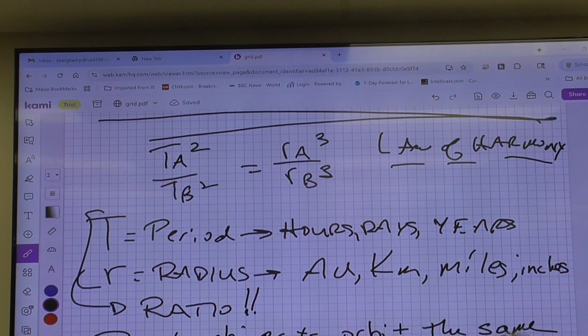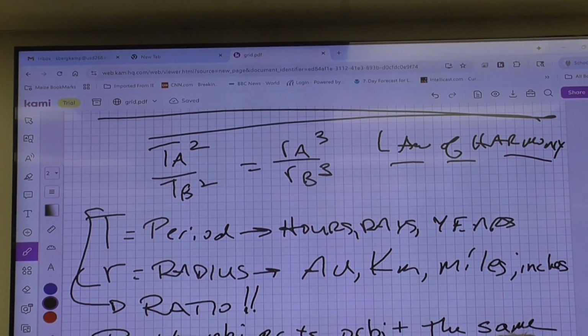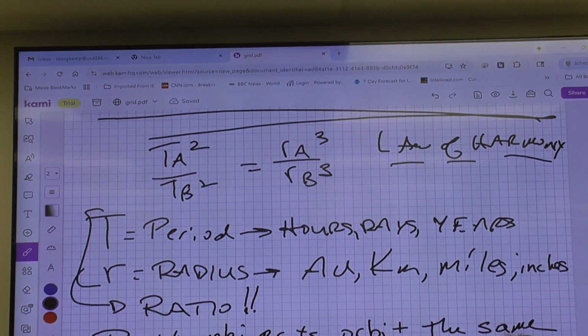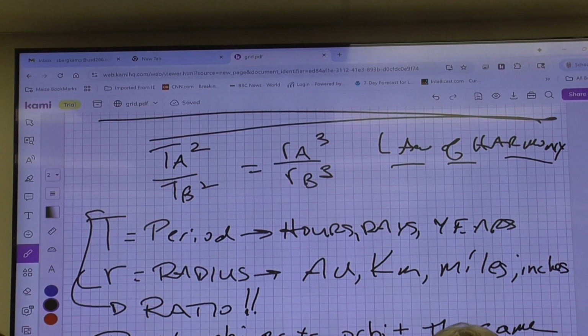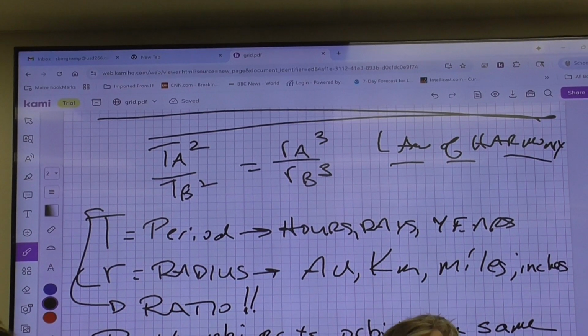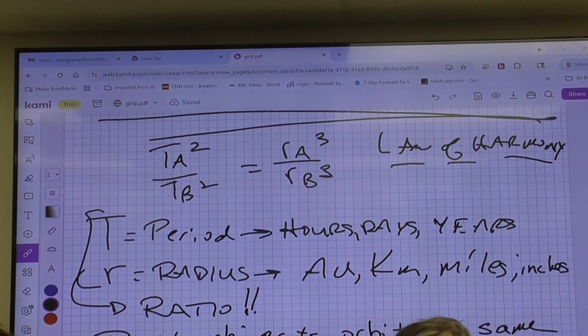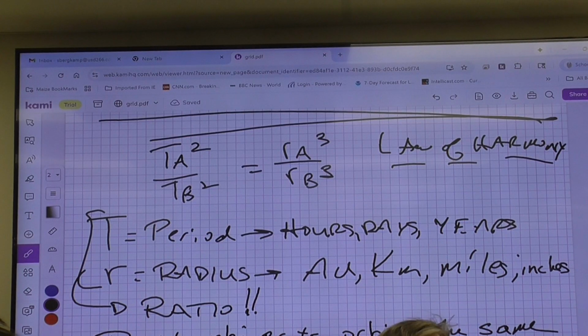So, this is the only time I will ever say this in this class. It is the only time. Because this is a ratio, it doesn't make any difference what orbit or what the period is in. Could be days, years, hours, seconds. Doesn't matter.